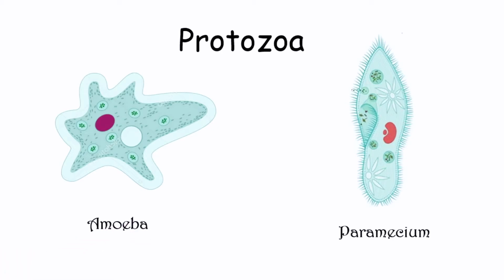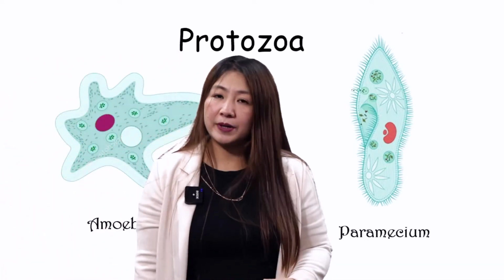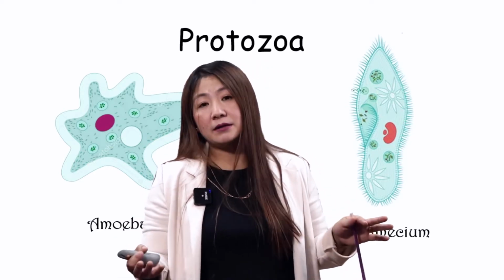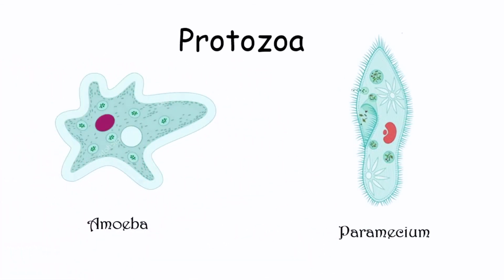We have studied amoeba in lower classes also. Amoeba changes its shape every time it moves. And then paramecium. Repeat after me, students: amoeba, paramecium. All these are microscopic. They will be found in water, even in the air. Mostly, protozoans are found in water.